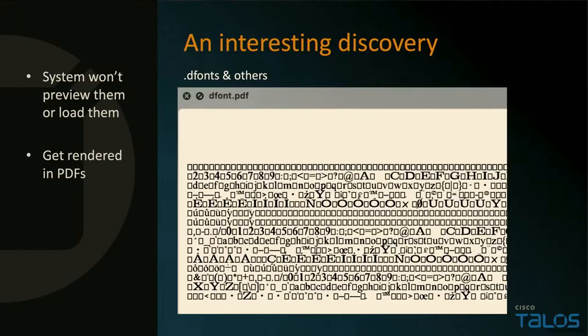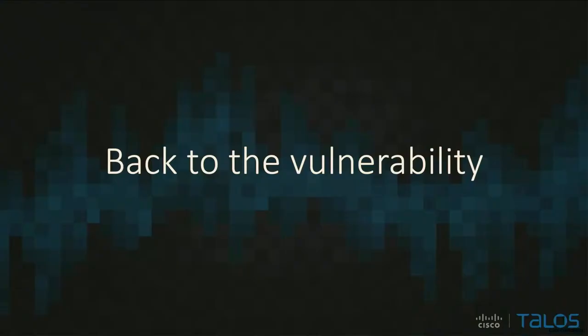As I mentioned, it was interesting to dig into the support for ancient font formats like bitmap fonts and dfonts, which are all Macintosh fonts. They're still supported on macOS today. If I had infinite time, I would keep digging down this path because there might be something curious in this code base. But let's get back to the vulnerability, the topic at hand.